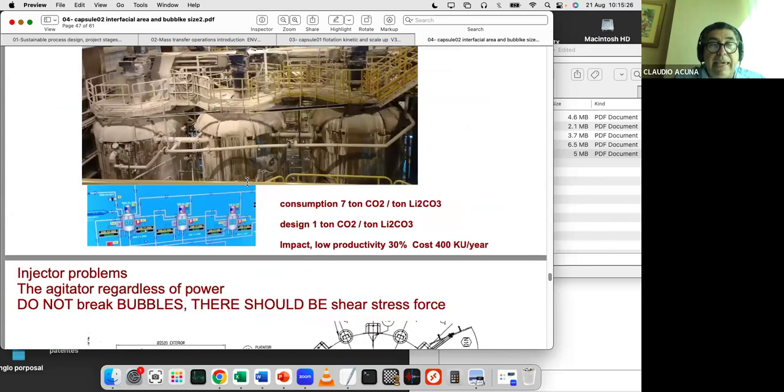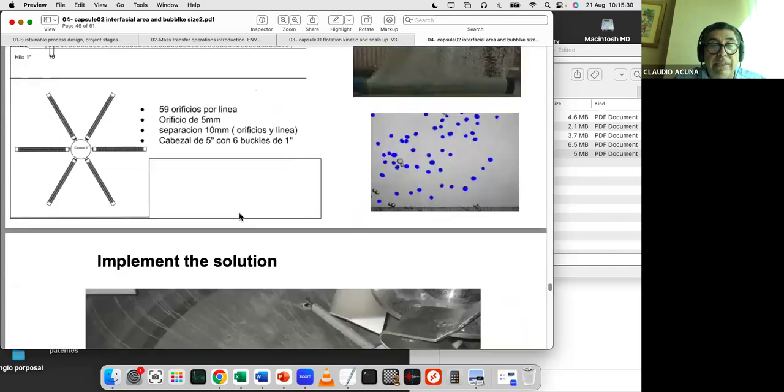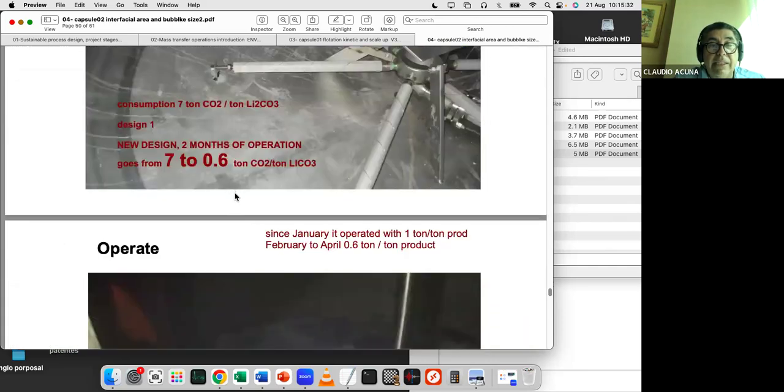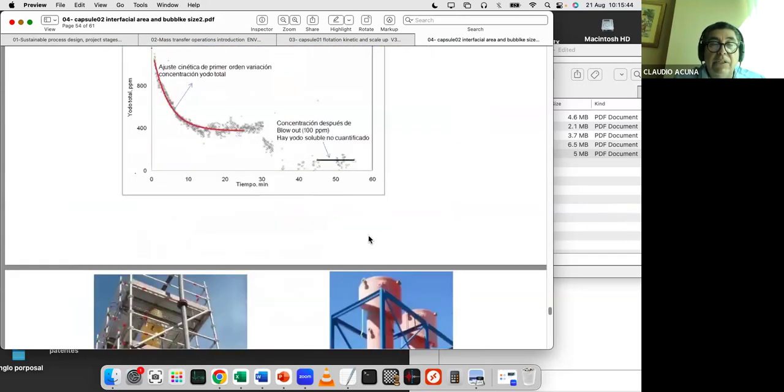And this is an applied case when we change the gas injector in order to increase the surface area with very successful results. Then we'll come back to iodine, another iodine case. I'm talking about cases where we did it from lab scale, pilot test, and industrial test. So that is the beauty of that.